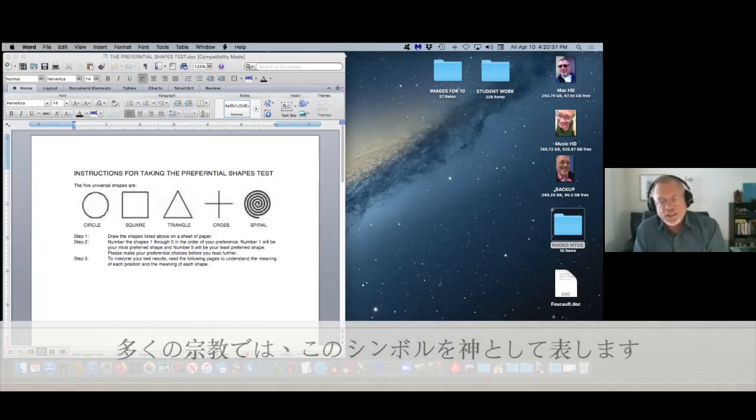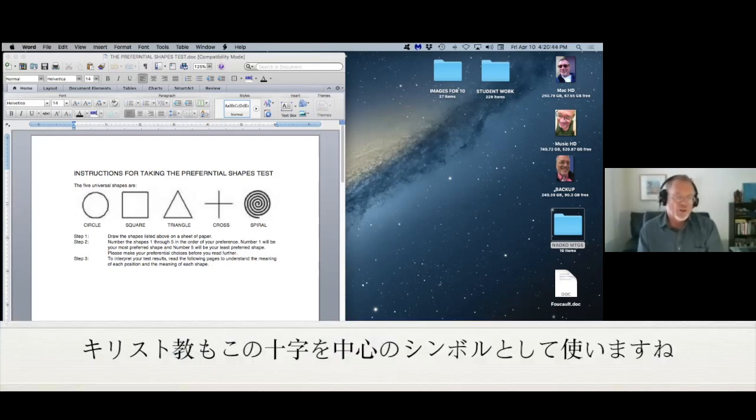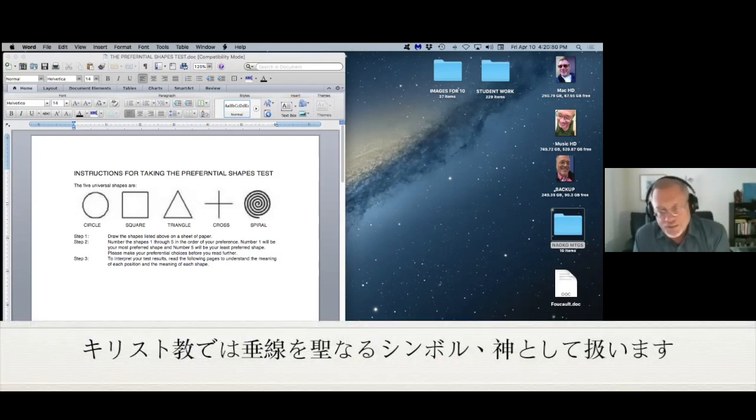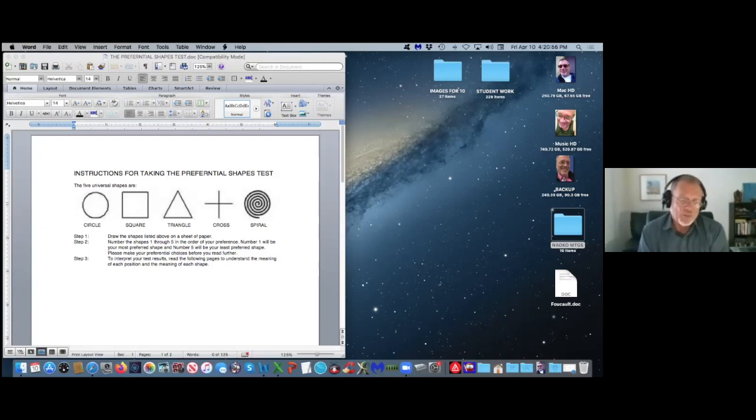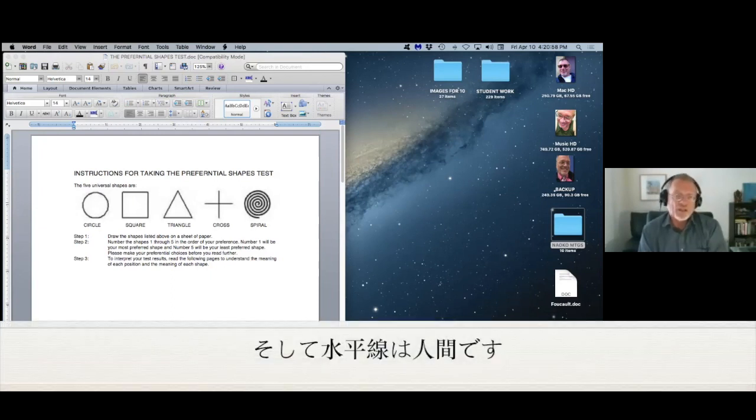Now, many religious systems use these symbols as a part of their symbology. And of course, Christianity uses the cross as their primary symbol, right? And so in the case of Christianity, and oftentimes sacred uses of this symbol, the vertical symbolizes the deity, God, and then the horizontal symbolizes all humans on the planet, right?